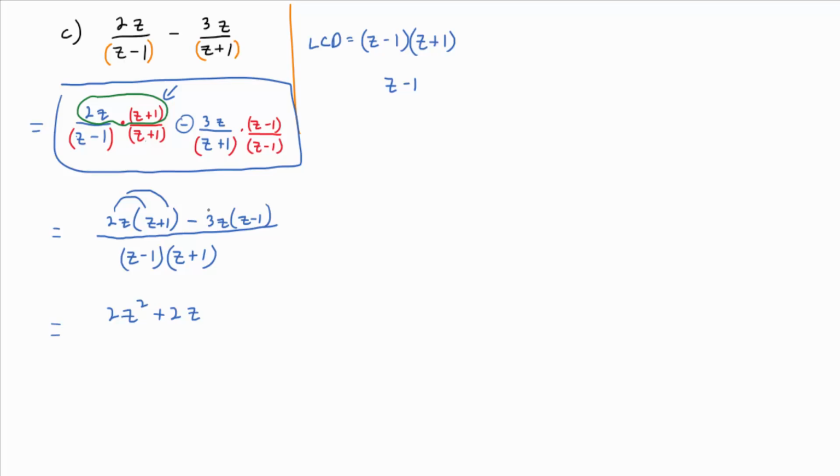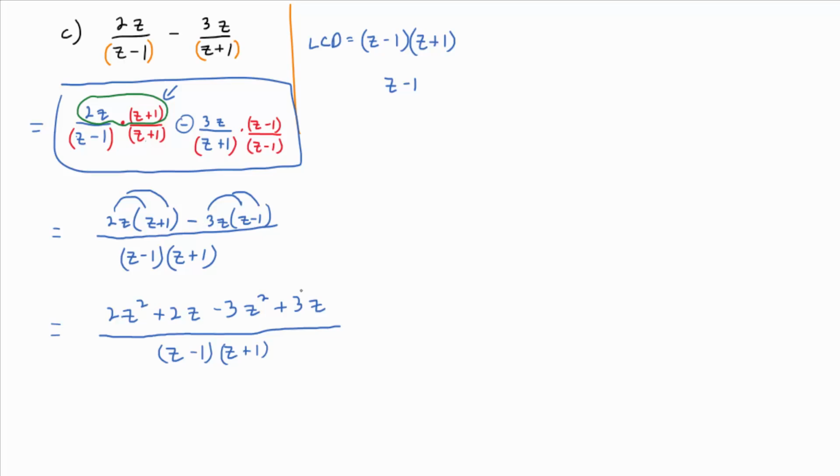If I distribute the minus 3z, what do I get? Minus 3z squared. You're distributing a minus over a minus, which makes plus 3z, doesn't it? Now don't forget, this is just the numerator, so the denominator doesn't change. z minus 1, z plus 1. Okay, double check. 2z squared plus 2z, and then minus 3z squared plus 3z.